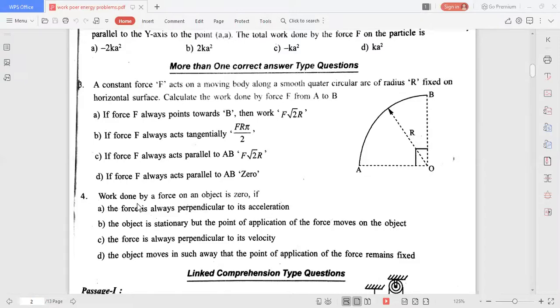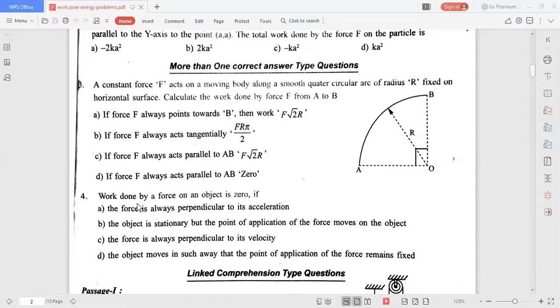The force is always perpendicular to its velocity. The work done by the force on the object is 0 if the force is always perpendicular to the velocity. Whenever the force acting on a body is perpendicular to velocity, in that case work done is 0 only, no? Next, the object moves in such a way that the point of application of the force remains fixed. Even if the point of application of force remains fixed, in that case also the work done is 0.